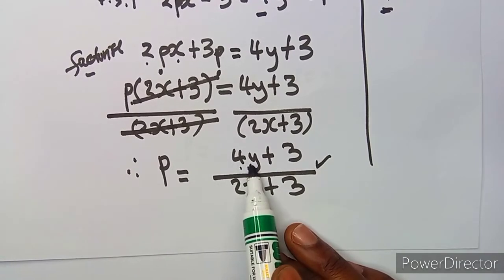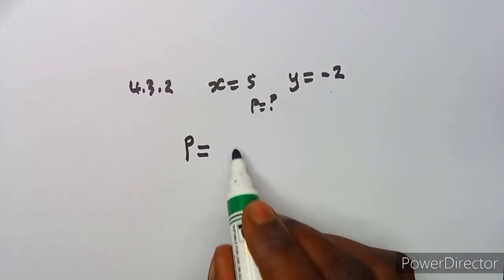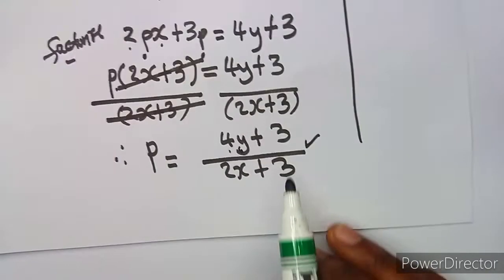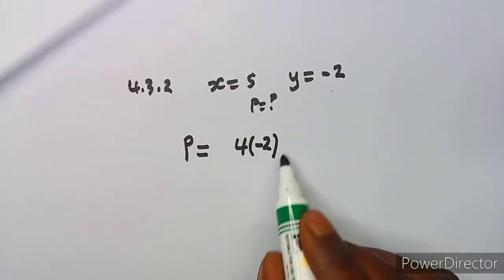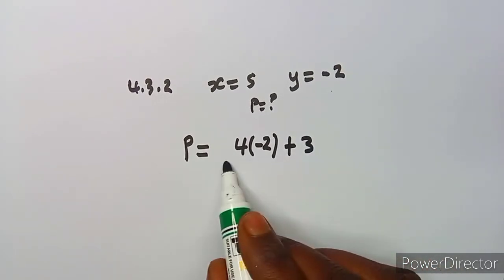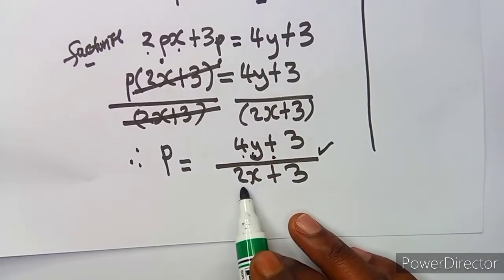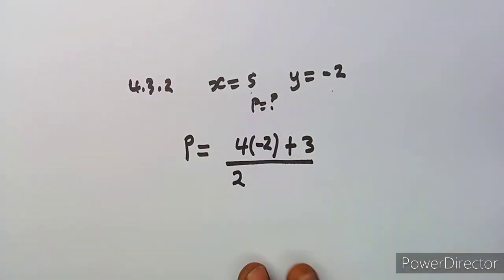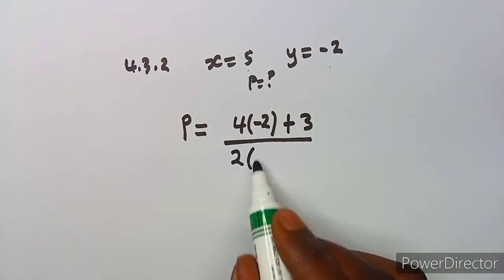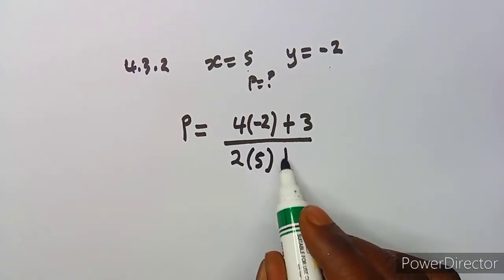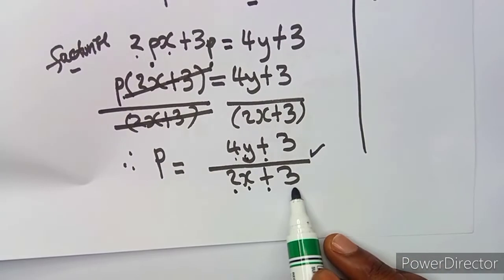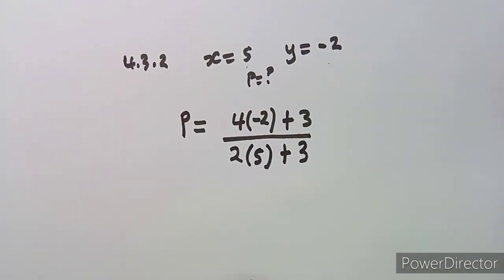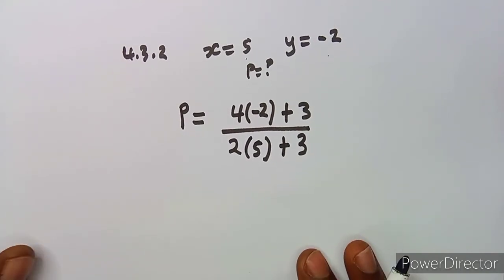So 4y means 4 times minus 2, in a bracket, plus 3, over 2x plus 3. So it's 2 into x, and x is 5, so 2 into 5 plus 3, because there's a plus 3 here. So that's what I'm going to have. You can actually use your calculator, because it's just 2 marks here.